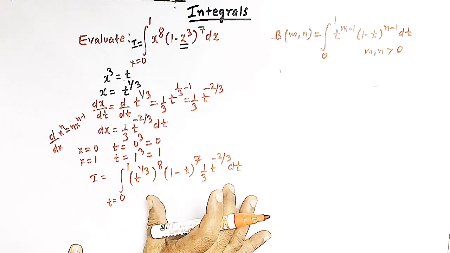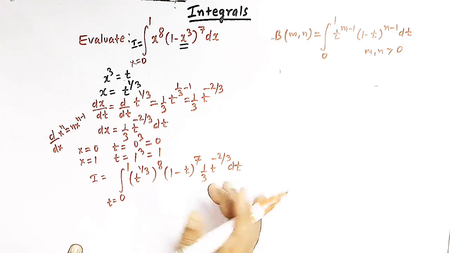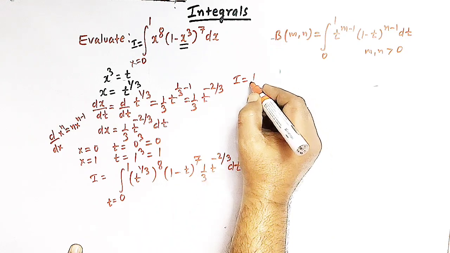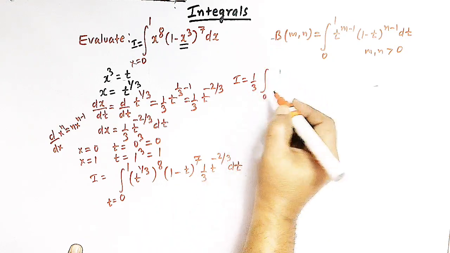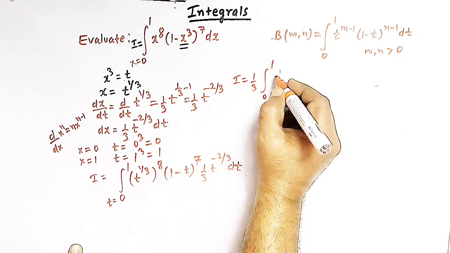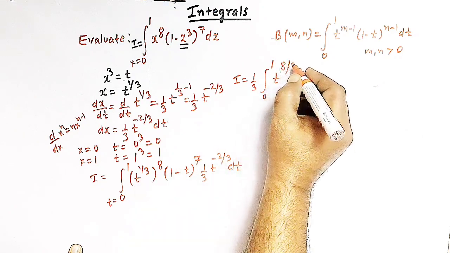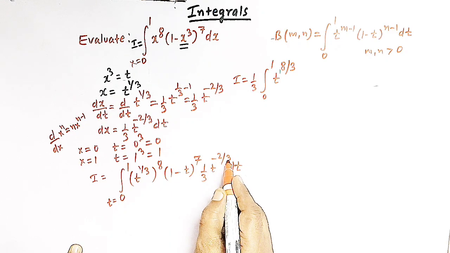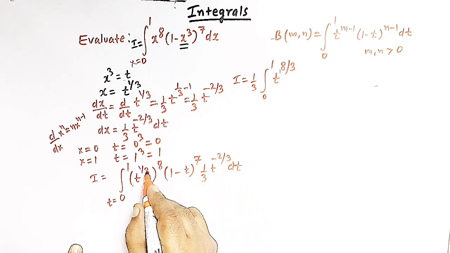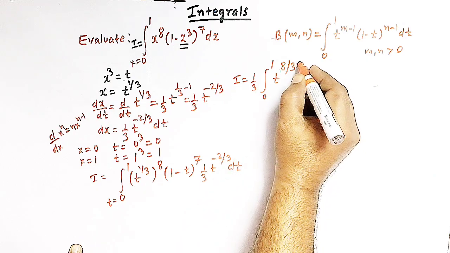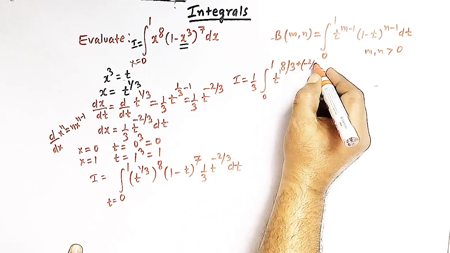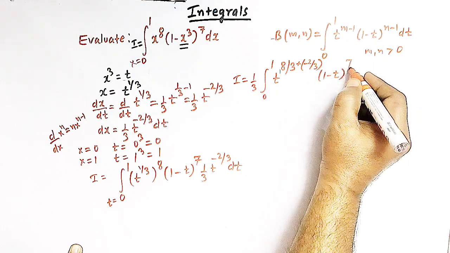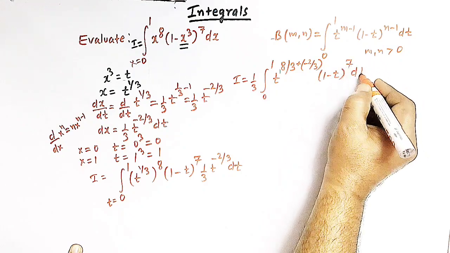So let us simplify this expression. So we can now write I, and we can take 1 by 3 outside the integral. We have 0 to 1, and here we have t raised to 8 by 3, and then we have t raised to minus 2 by 3. So adding these two exponents, we have 8 by 3 plus minus 2 by 3, and then we have (1 minus t) raised to 7 and dt.